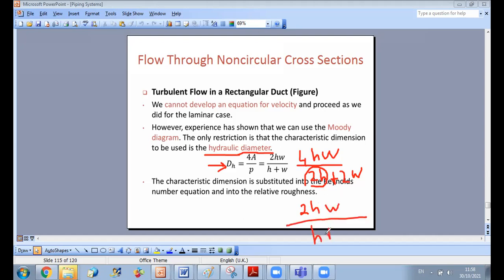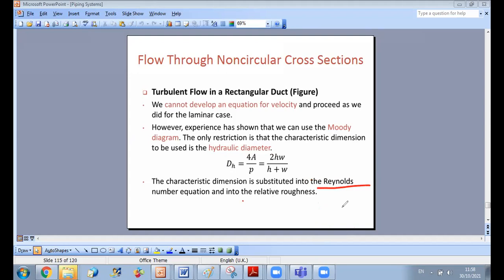So once I calculate dh, I replace it into epsilon over d and into the Reynolds number. This will allow me then to use the Moody diagram developed for circular cross sections. So the characteristic dimension is substituted in the Reynolds number and in the relative roughness epsilon over d.